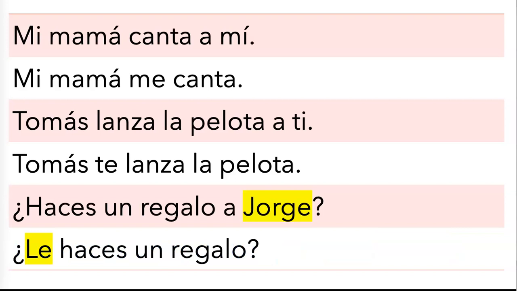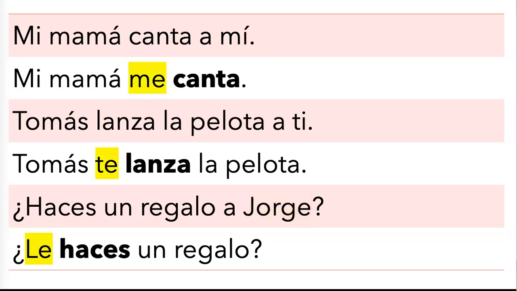Le haces un regalo. Are you giving him a gift? And just to review, the indirect object pronoun comes before the verb in all of these sentences. So I've highlighted the verb for you so you can focus on that.